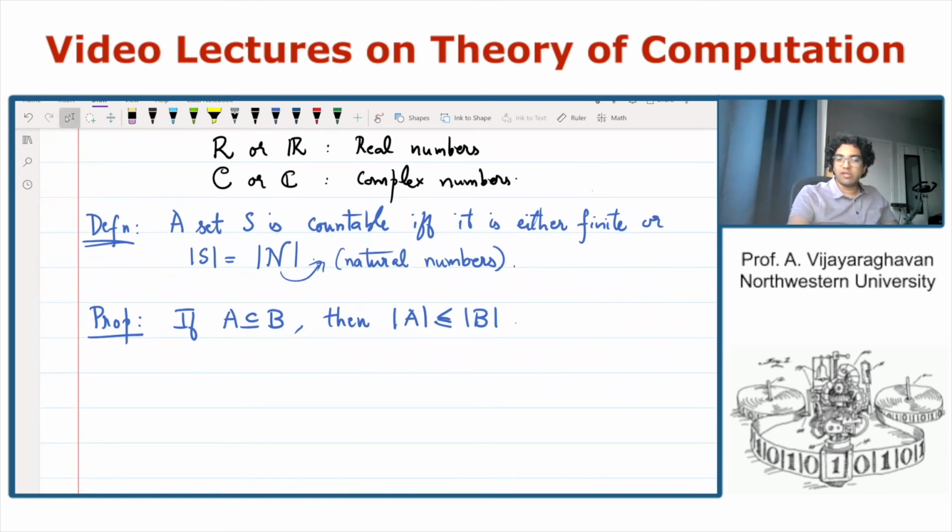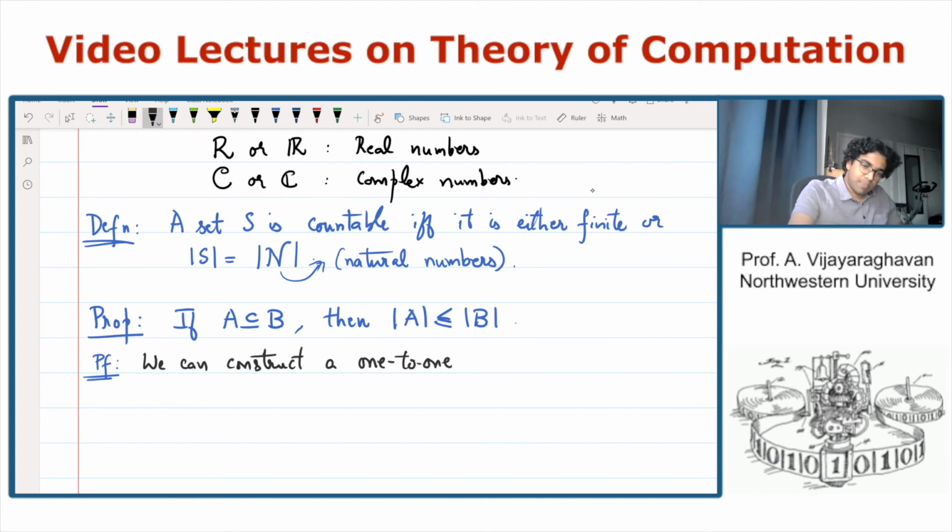So it's fairly simple still, and the proof is again, remember what we need to do to show that the cardinality of A is less than or equal to the cardinality of B. Well, we can exhibit a one-to-one map as follows. Very simple.